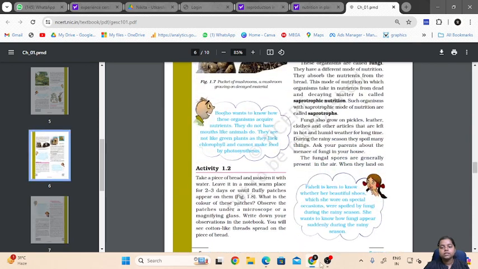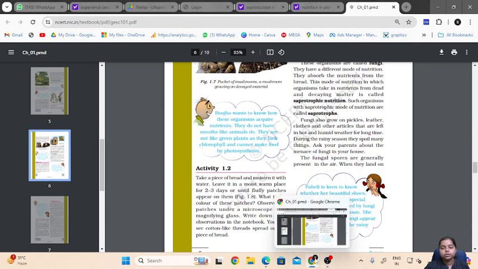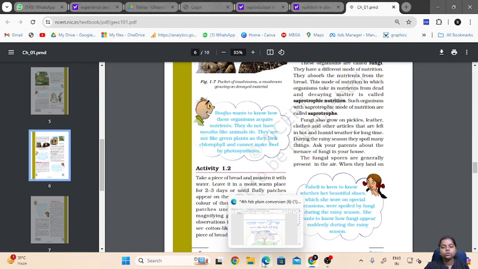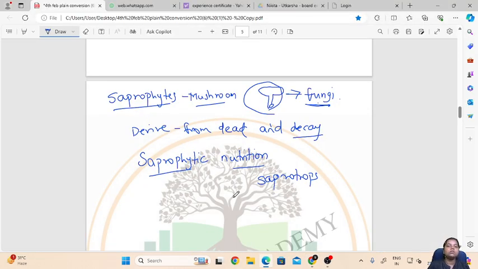These are fungal spores. In this hot summer season we normally face the issue that food gets spoiled early, correct? That is because of these fungi. The spores of these fungi are always present in the air.